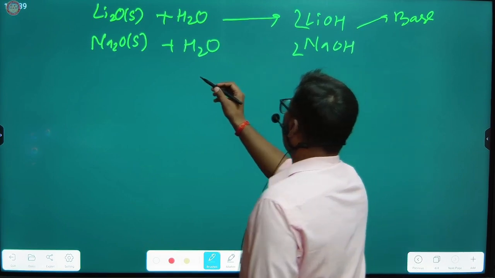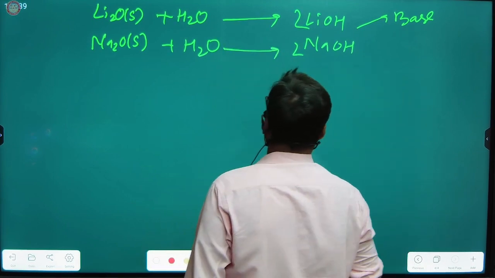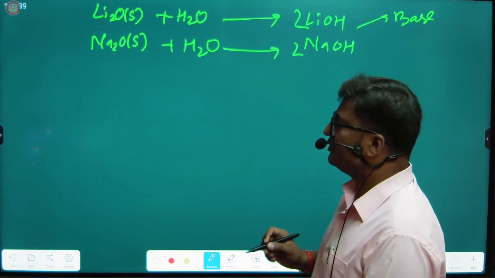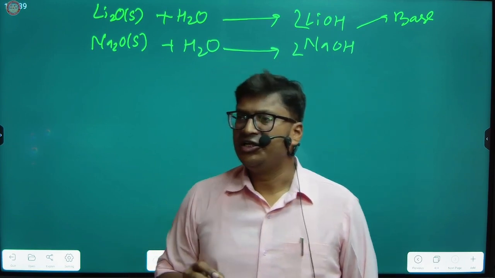So once monoxides react with H2O to form hydroxide, that is why they are all basic in nature.